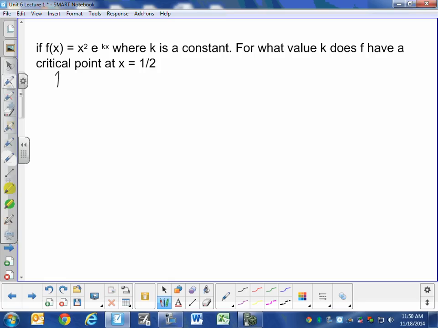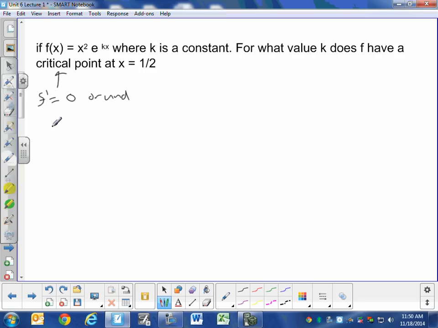Critical points. Are they my first derivative or my second derivative equal to 0? First. It's not just 0, it's or undefined. We don't have to worry about undefined in this case, but maybe other situations we will.